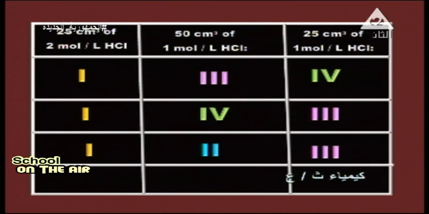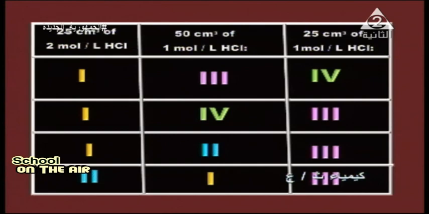So if you look at the graphs, two graphs give the same volume of carbon dioxide, and one graph gives the smallest number of moles of carbon dioxide, which is the third column.